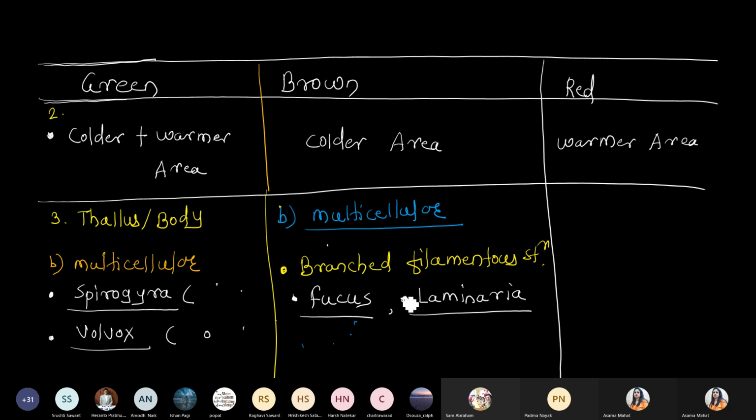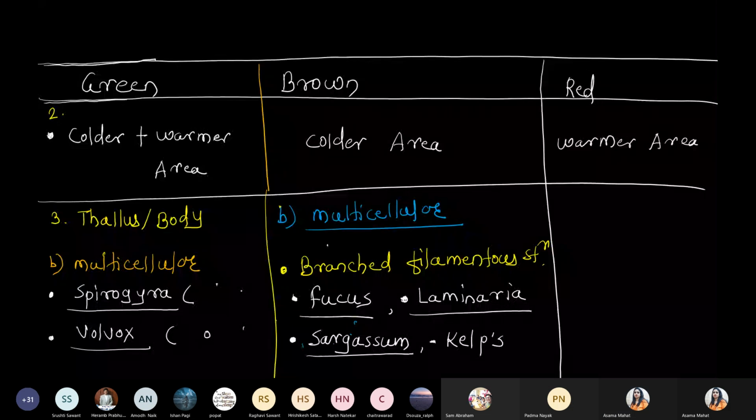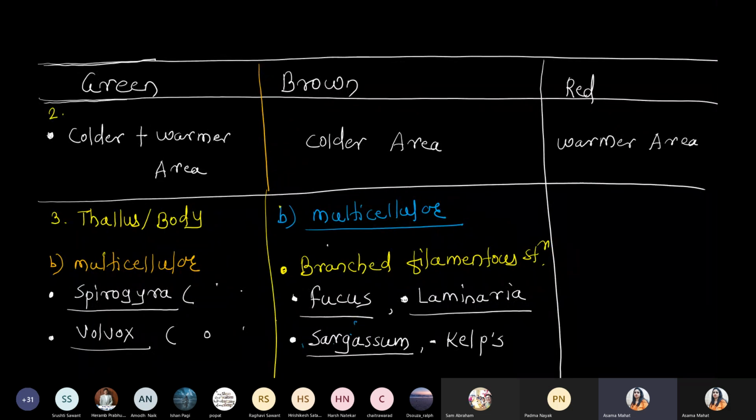Number 3, Sargassum. And the next one, the 4th example, is kelps. Okay, kelps.